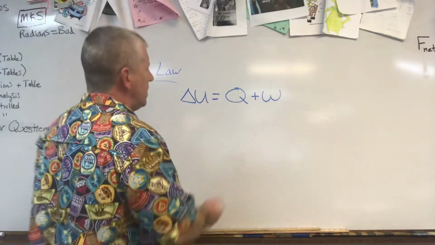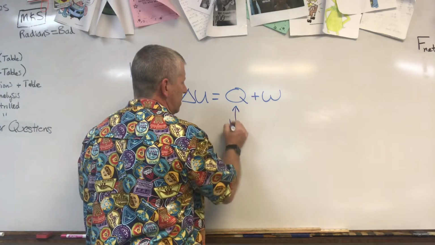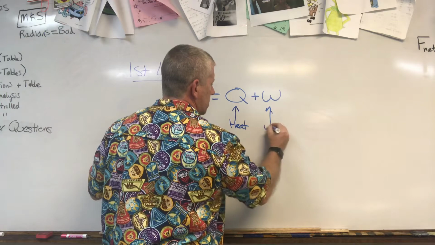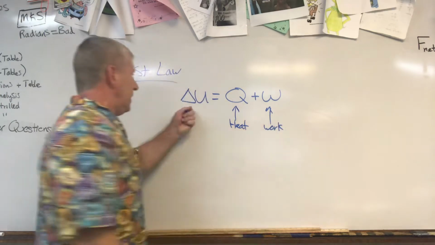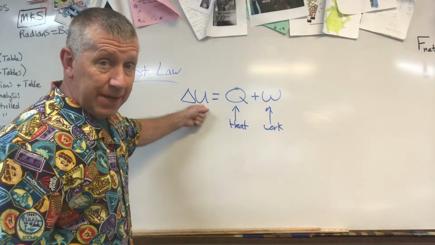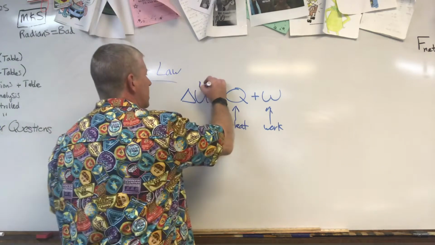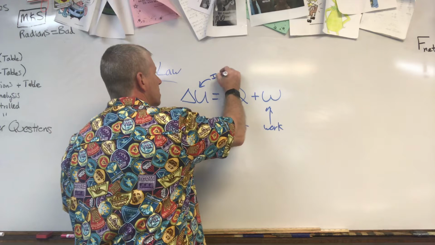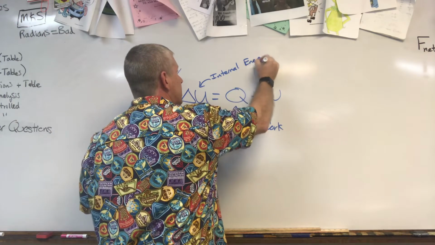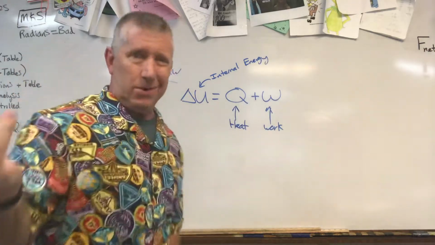What does it say? Well, we know this is heat. You know this is heat. And you know W is work. What is this? That is change in internal energy. So U is internal energy. What's internal energy?